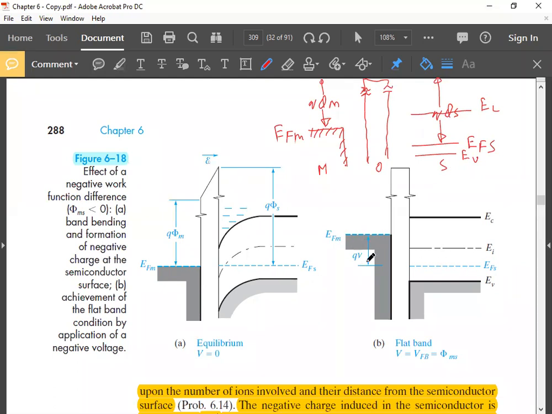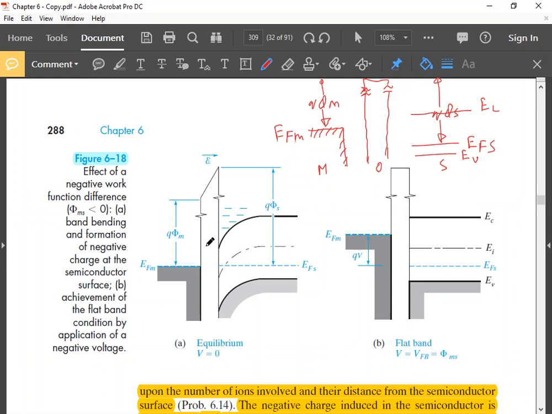So this is the difference between these two. In the ideal case, the Fermi levels were aligned at this stage, because phi m was equal to phi s. But here they are not aligned. In order to align them, you are applying this additional voltage. Understood this?